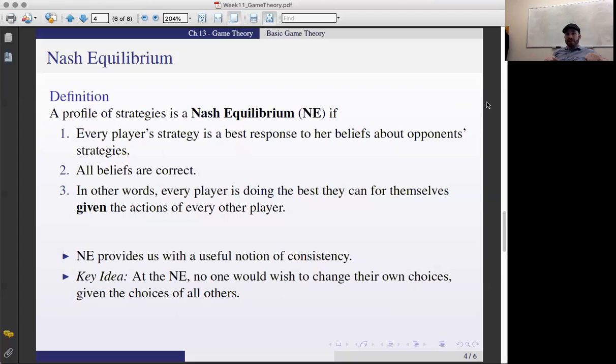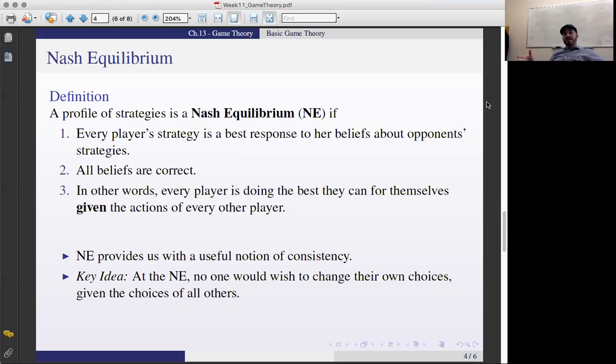In the definition here, I tweak that a little bit by saying playing the best response to their beliefs about opponent strategies, but then all of those beliefs are correct. That's effectively the same as saying that it's the best response to the strategies chosen by their opponents. In other words, every player is doing the best they can for themselves given the actions of every other player.